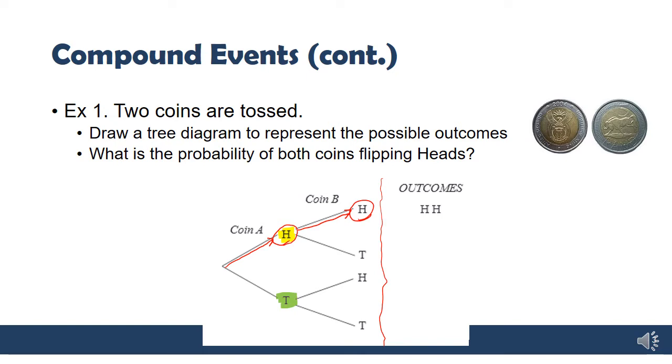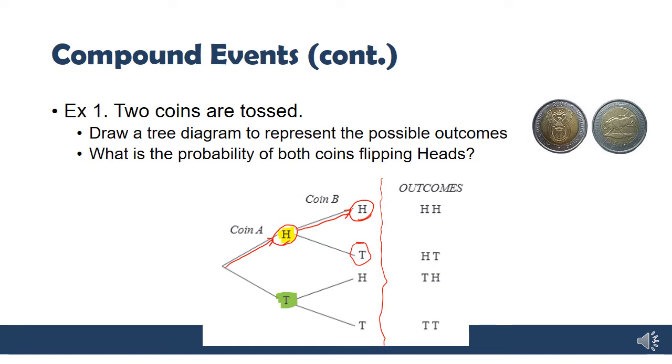And carrying on, I have H, my first outcome H, and then T. So the next outcome I would list would be heads, then tails. And I carry on writing out the different outcomes and following the tree. My last outcome will be tails, tails.